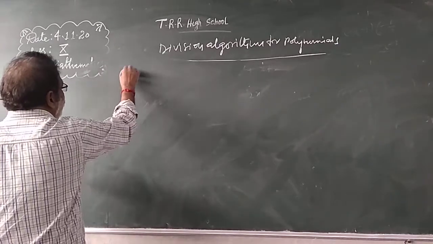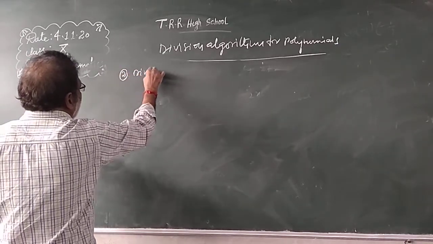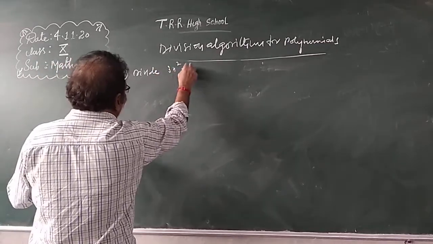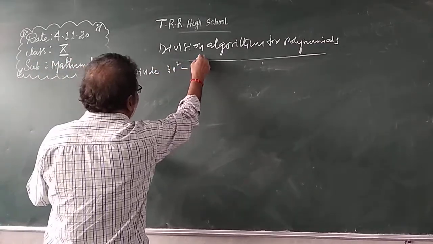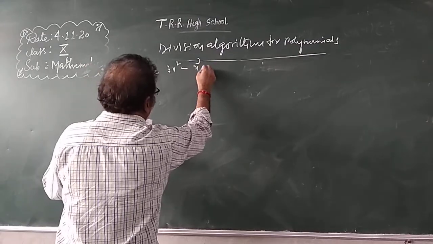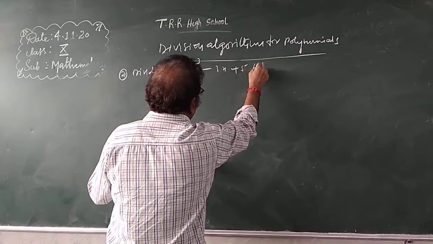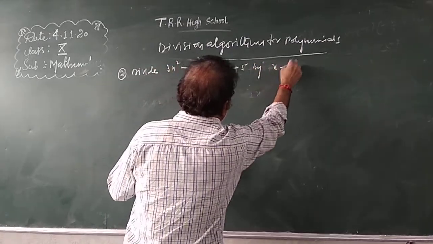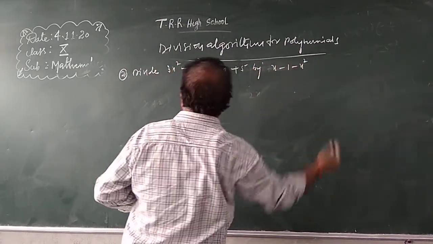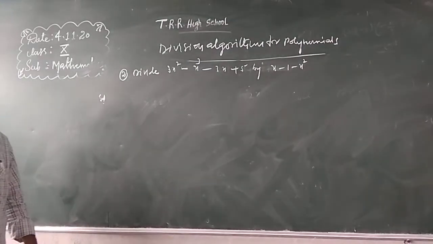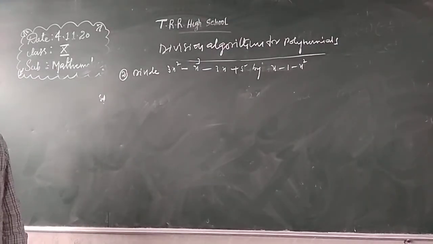Divisor. 3x square minus x cube minus 3x plus 5 divided by x minus 1 minus x square. Children, I told you already, first we have to arrange the terms of the dividend in the descending order of their powers.